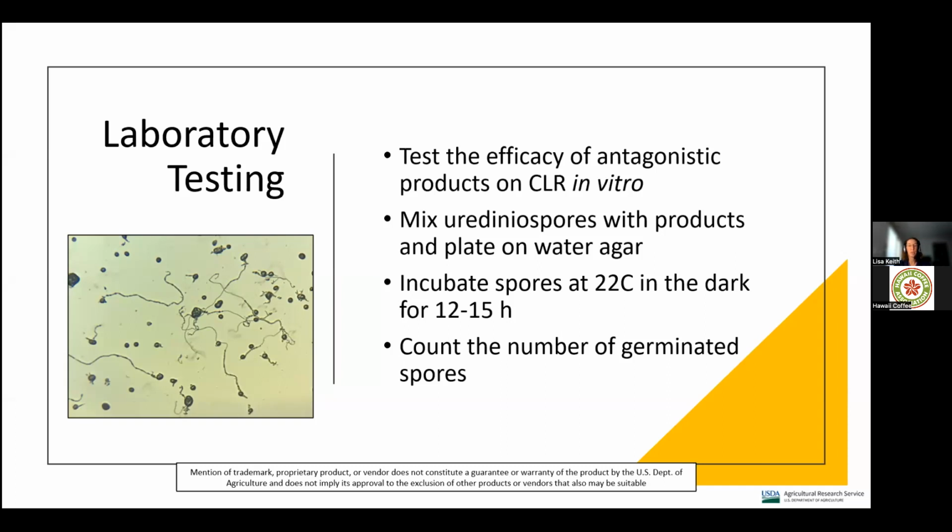But with this test, you mix the product, the spores, you let them have contact for a certain period of time. We can plate them, incubate them in the dark because that's where germination occurs. Actually, when it is dark, for a certain period of time, it needs the dark. And then we stop the test and actually look at the number of germinated spores.